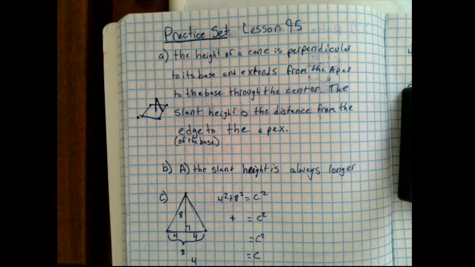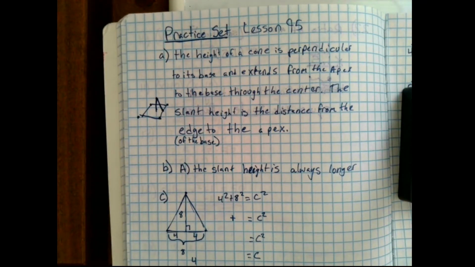Now, part B asked, what's true about the slant height versus the height? Is it always shorter, always longer, or always the same as the height? Well, we learned that we can find the slant height by using the Pythagorean theorem.